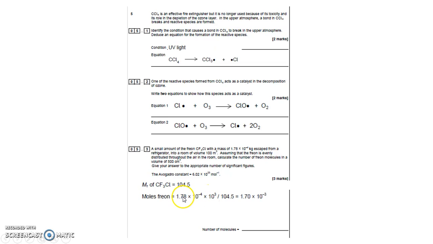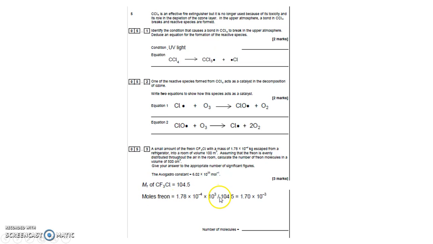That's the number of grams. So moles equals the number of grams divided by the MR. Moles is mass divided by MR. So I've put the mass into grams by taking the kilograms and multiplying by 1,000. That's now the mass in grams.